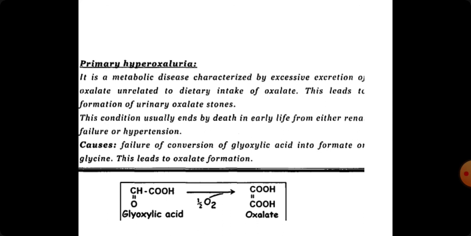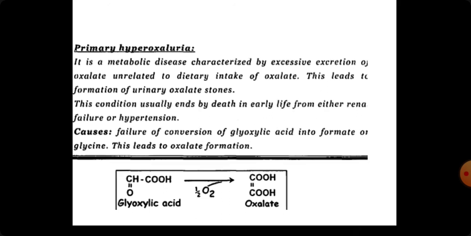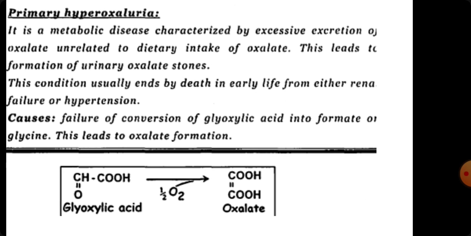Now we go to the inborn errors of glycine metabolism. Primary hyperoxaluria is a metabolic disease characterized by excessive excretion of oxalate unrelated to dietary intake of oxalate, and formation of urinary oxalate stones.